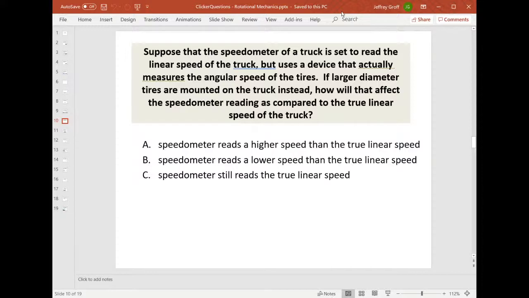The engine is lots of parts that move, and lots of those parts are rotating. So this device actually measures angular speed of the tires. And then you go and switch out your tires on your truck for larger tires. How's that going to affect your speedometer readings? What's that going to do?